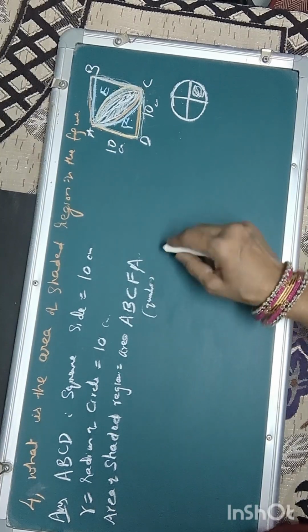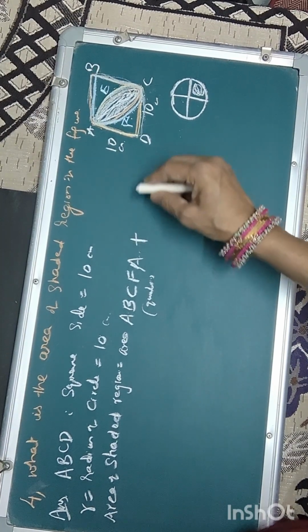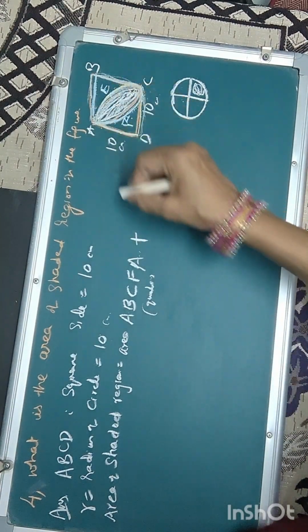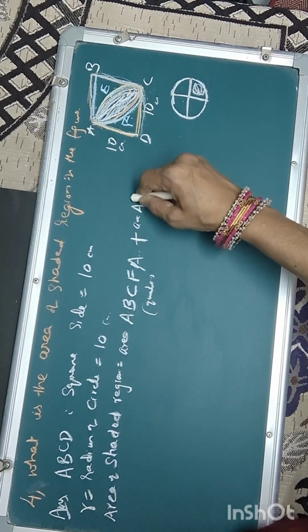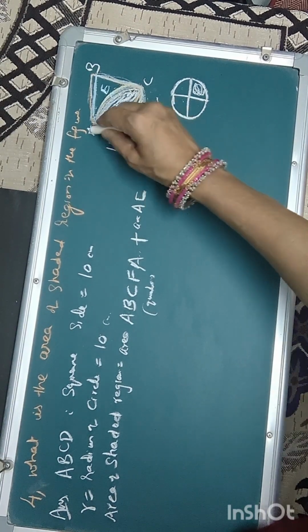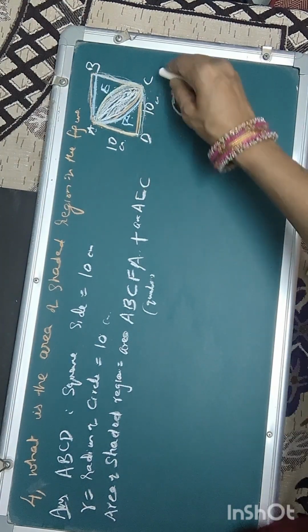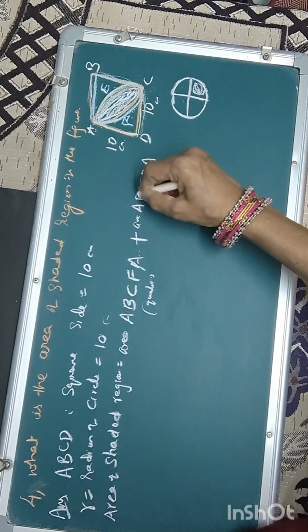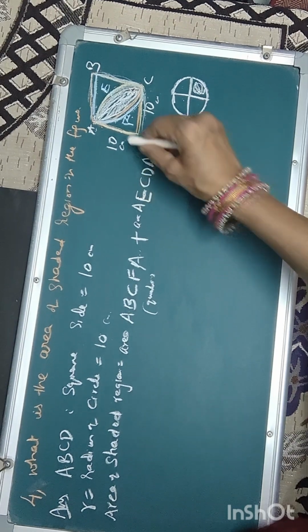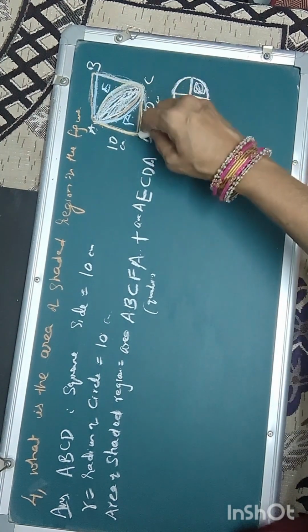Quadrant means 1/4 of the circle, plus this one, area of A, E, C, D, A.